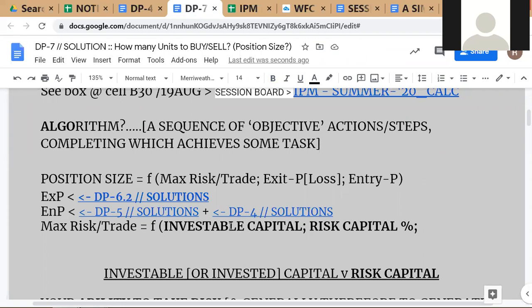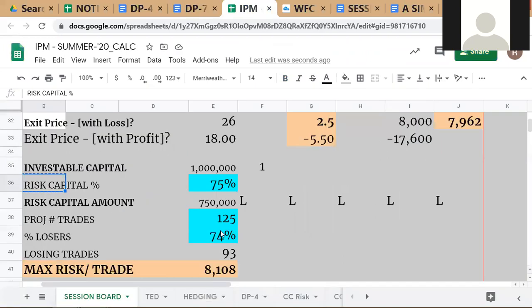If you take the investable capital figure and you multiply that by the risk capital percentage, this figure here is the answer to the question of what percentage of my investable capital am I willing to lose in this trading period, whatever it is, 1 year, 1 quarter, 1 month, whatever that period is.